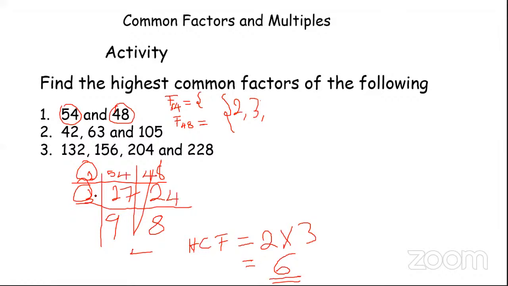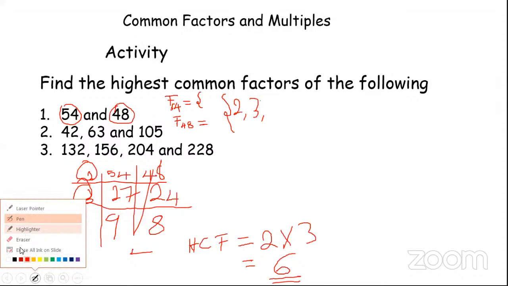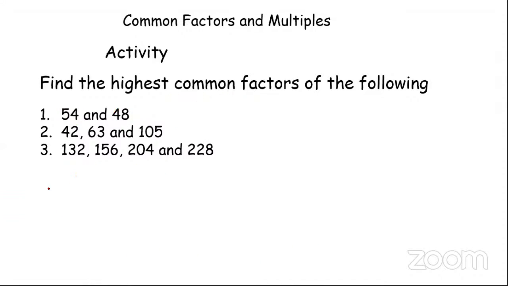Okay, so for highest common factor, let us still use the same method to find the number 2. So we still draw our ladder.